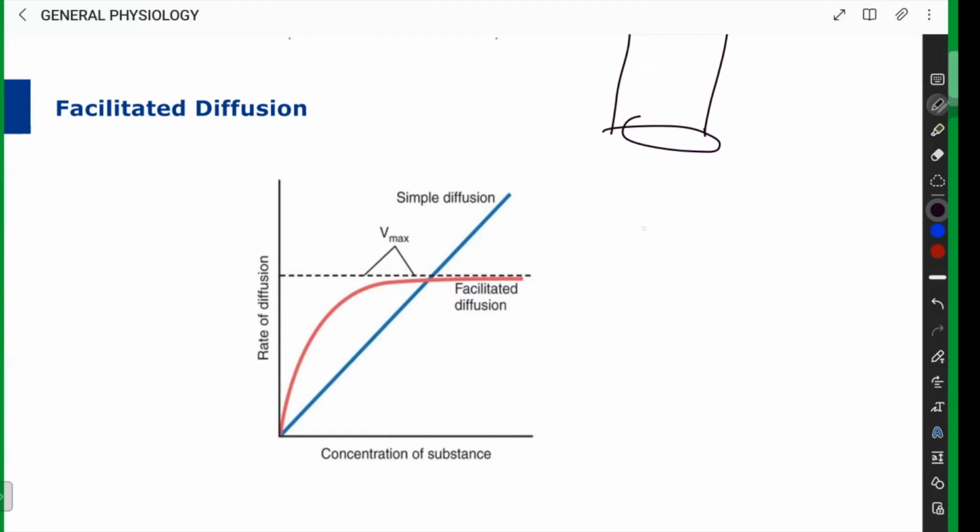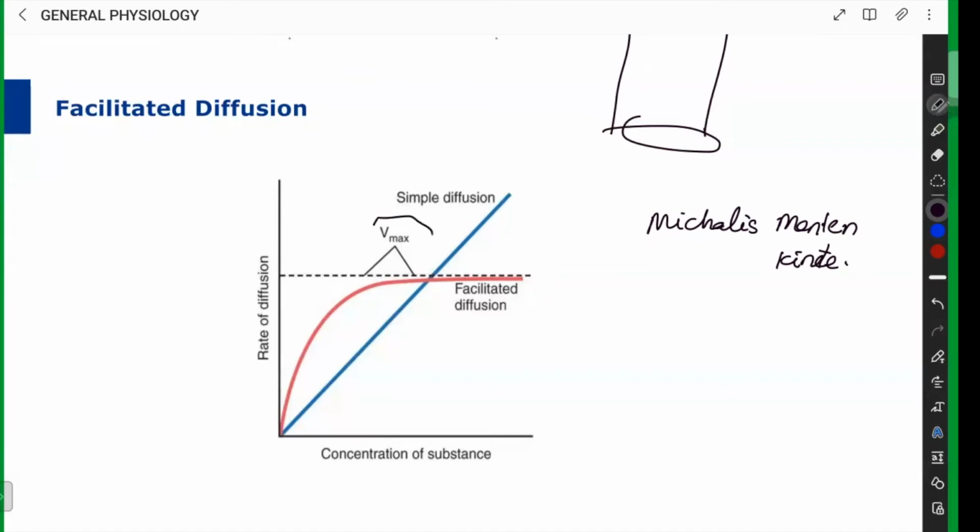What is Michaelis-Menten kinetics? It tells you that you have only defined channels. Only through these channels do your molecules have to go from the extracellular space to the intracellular space or vice versa. But you have a limited number of channel proteins. The point where it reaches the maximum is called your Vmax.